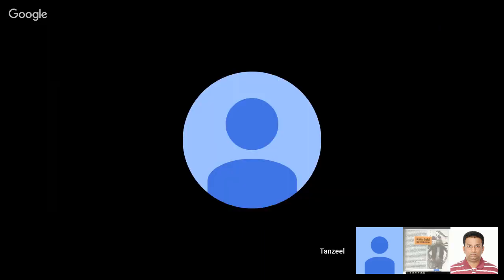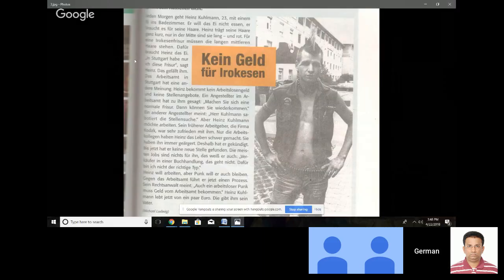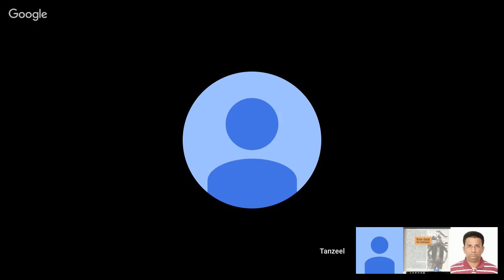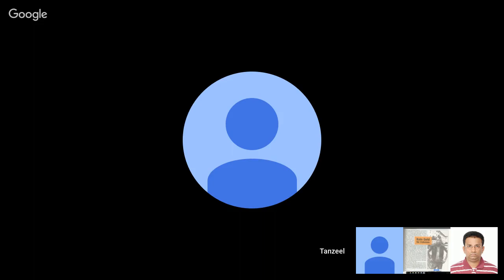Heinz bekommt kein Arbeitslosengeld und keine Stellenangebote. Ein Angestellter im Arbeitsamt hat zu ihm gesagt: Machen Sie sich eine normale Frisur, dann können Sie wiederkommen.